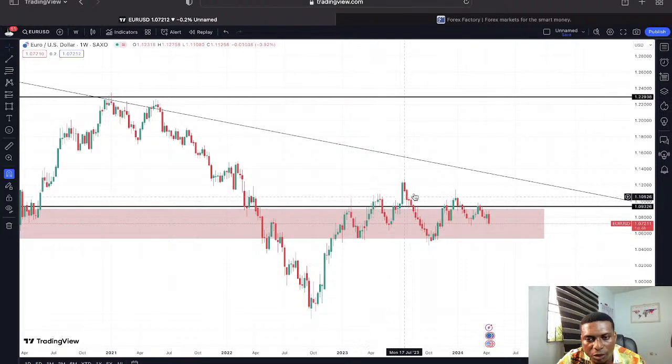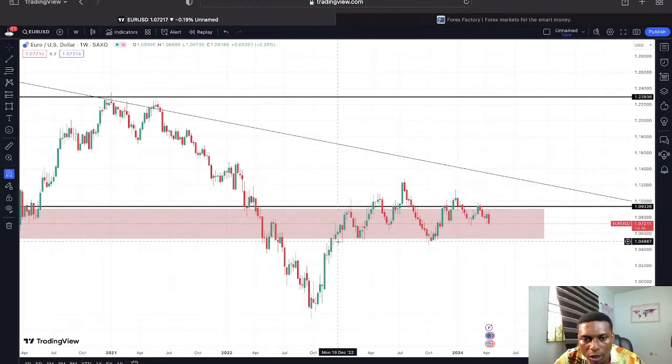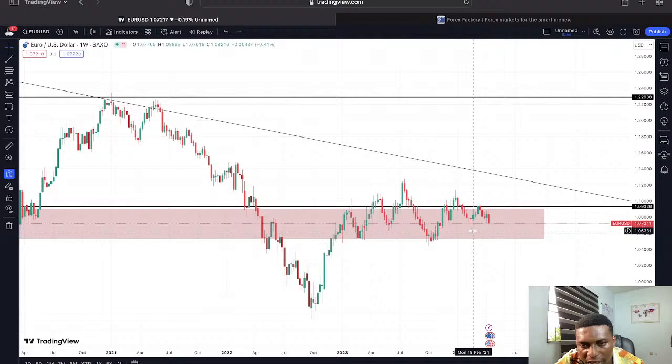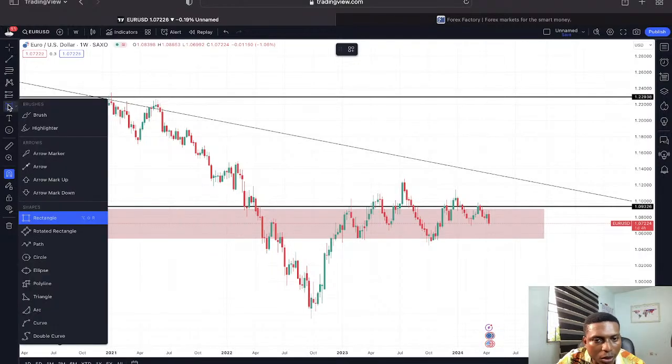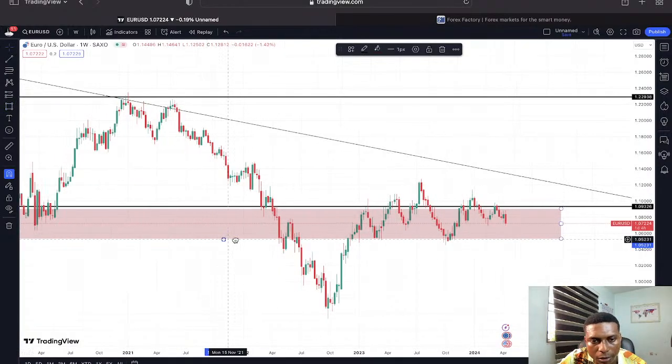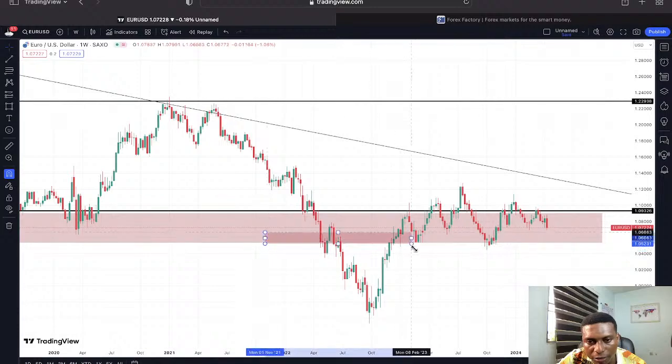So we can see that price is consolidating at this level. Also, let's note that there is a support zone here on the weekly time frame. So let's equally map out this level here.